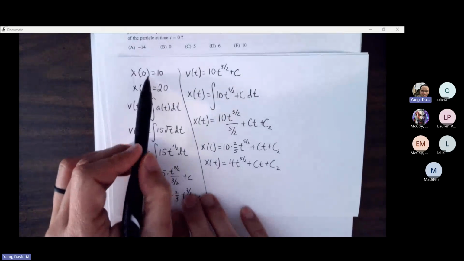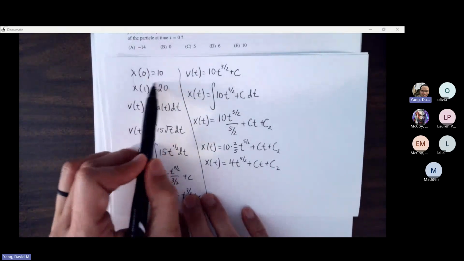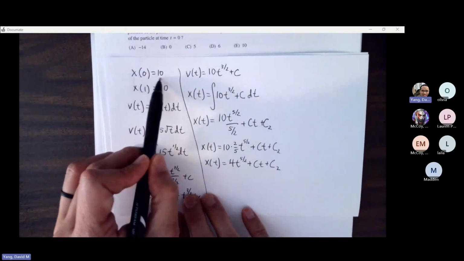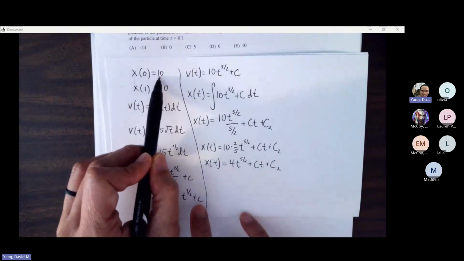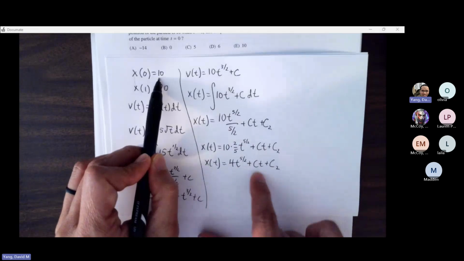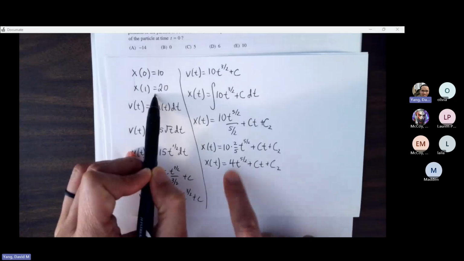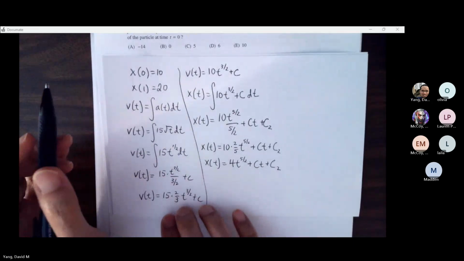So if I'm choosing which one to plug in first, I'm going to choose the one involving 0. That should wipe the terms out a little quicker for me. So I'm going to see what that 10 can help me solve. And whatever c I can solve, I'm going to update that value and then use the second ordered pair to help me find the other c value.